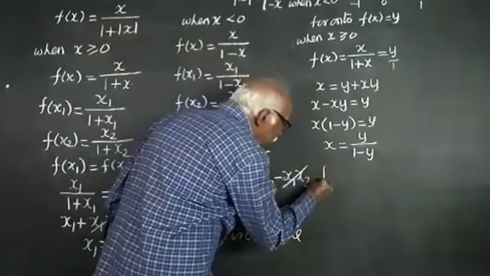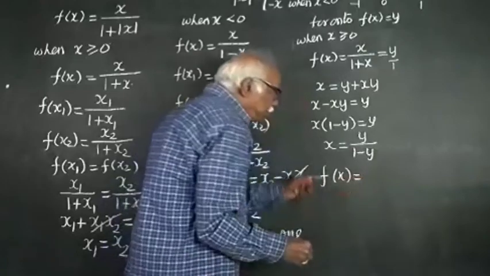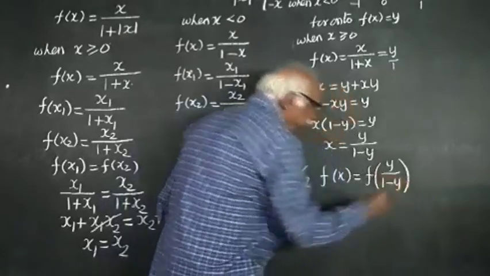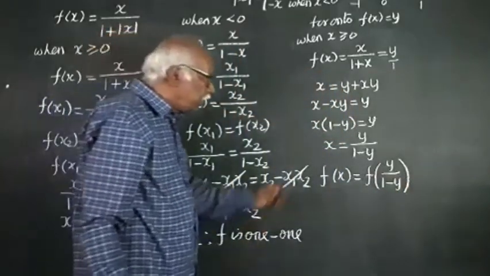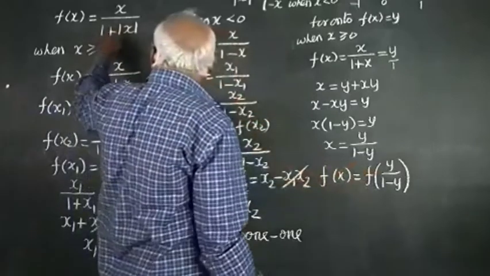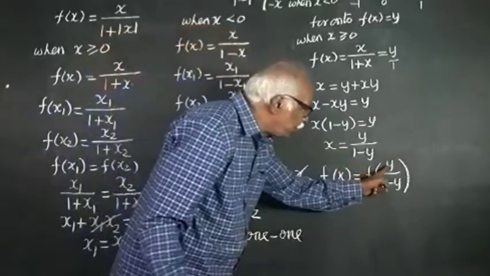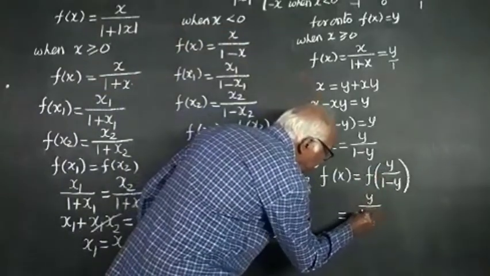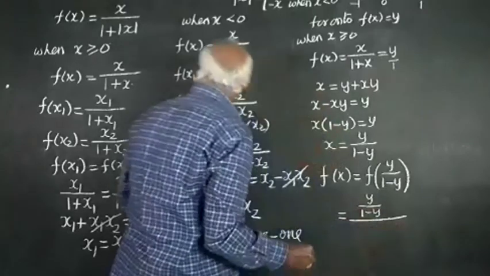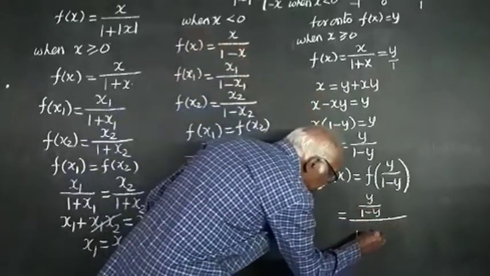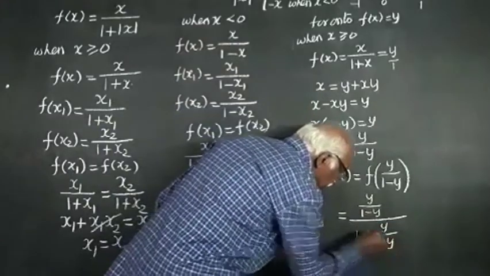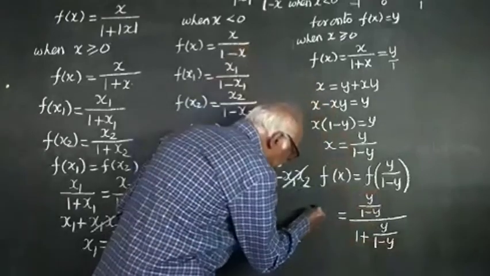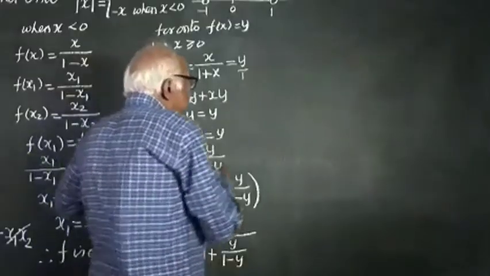Now we have to prove that f of x is y. f of x is equal to f of y by 1 minus y. In place of x, I am going to put y by 1 minus y, which gives y by 1 minus y divided by 1 plus y by 1 minus y. This is x by 1 plus x, that is f of x.